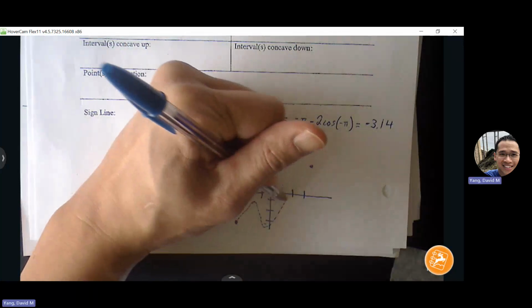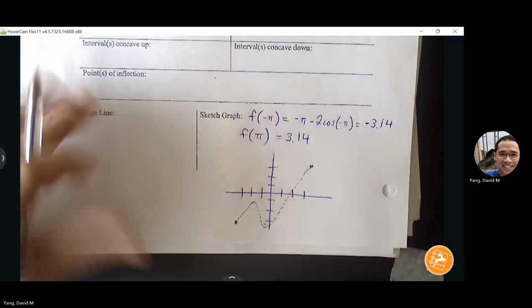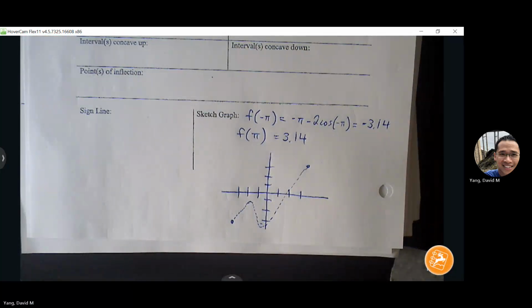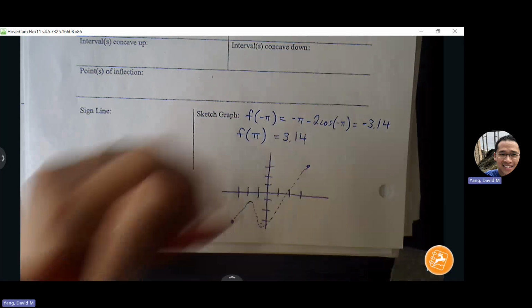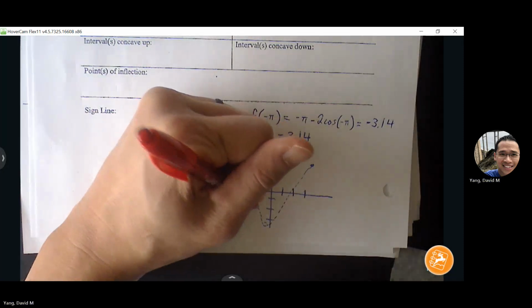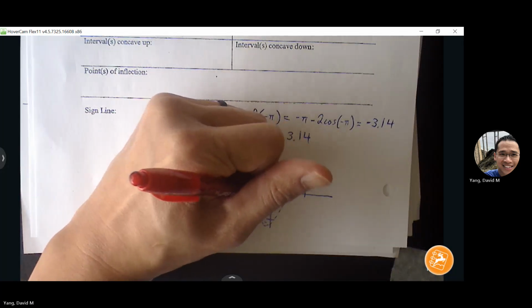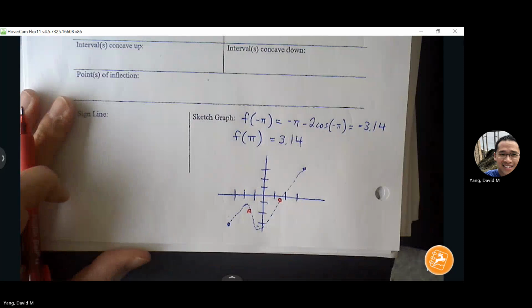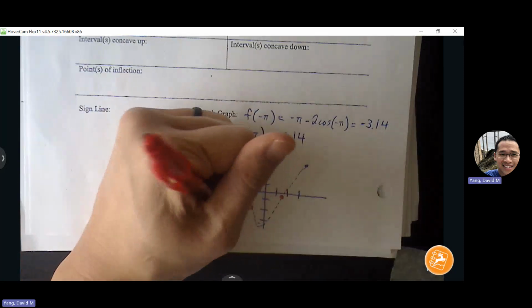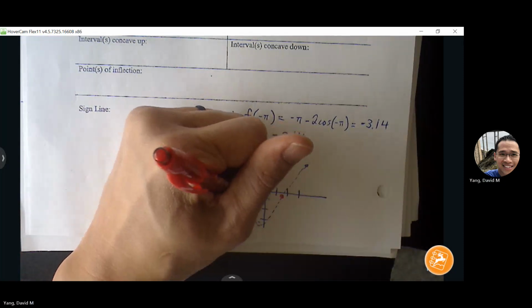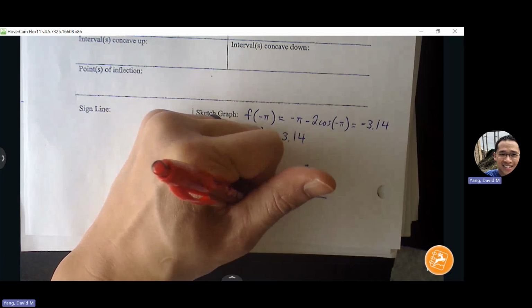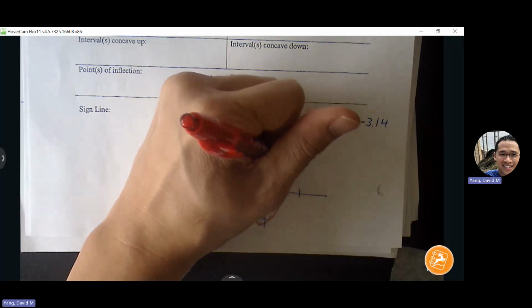And it's going to rise the rest of the way. We know there's a point of inflection at negative 1.5 and 1.5. And we know our graph is going to start off concave down, then concave up, and then concave down.